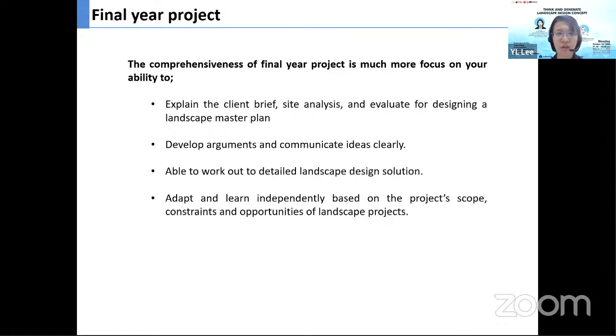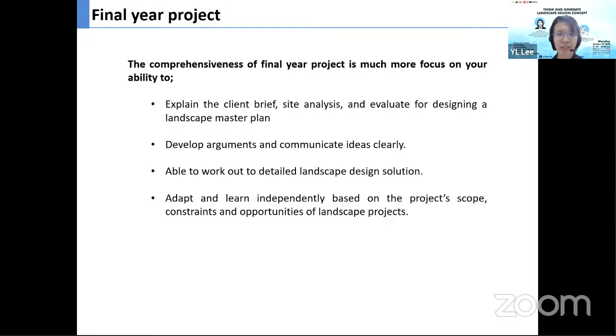First of all, when you handle your final year project, you need to be able to explain a client brief, site analysis, and evaluate your design master plan. This is the early stage.